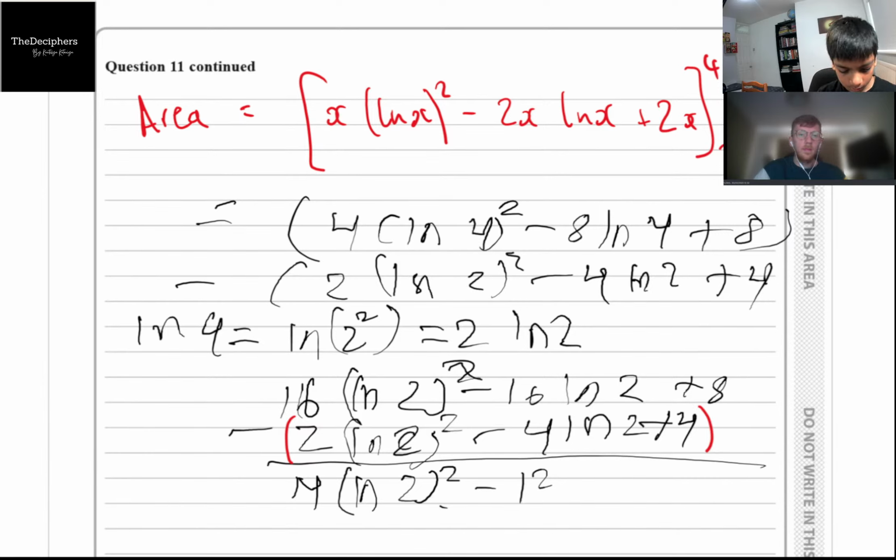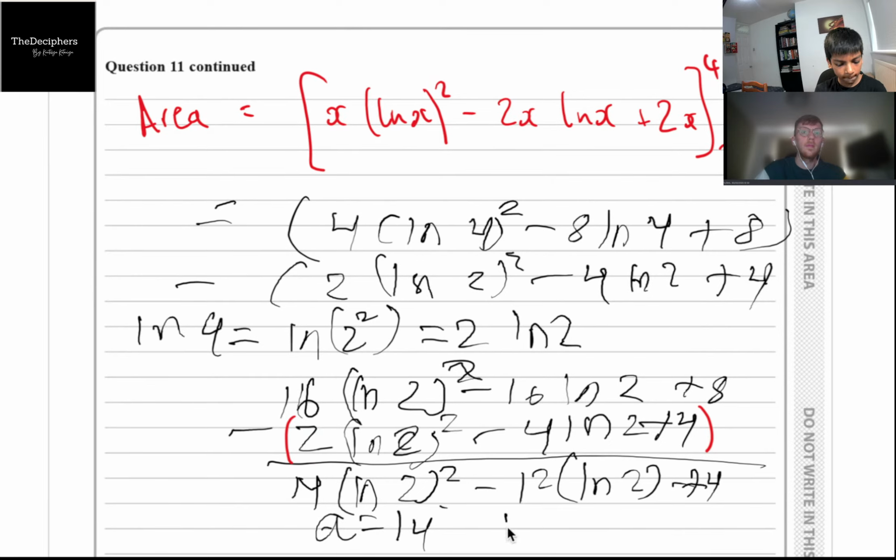So minus 12 ln 2 and plus 4. Yeah, fantastic. Cool. So that's exactly what we're done. So A is 14, B is 12, and C is 4.